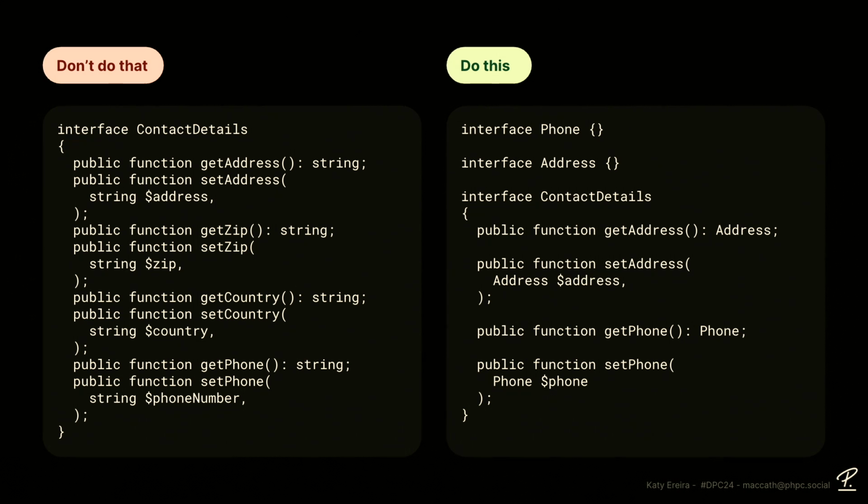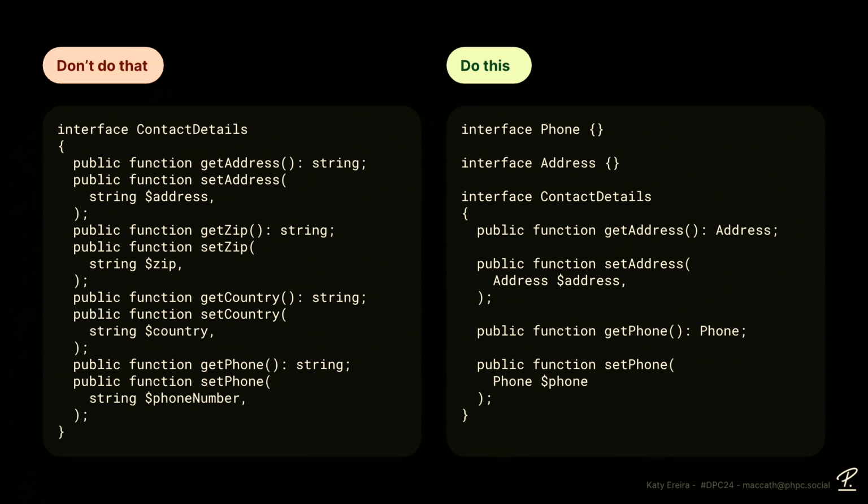And in this example of what to do, we've created some value objects. We have a new phone and an address, and those are value objects. Within those interfaces, we can specify the contract that it's a valid phone number, and have validation functionality and things like that.